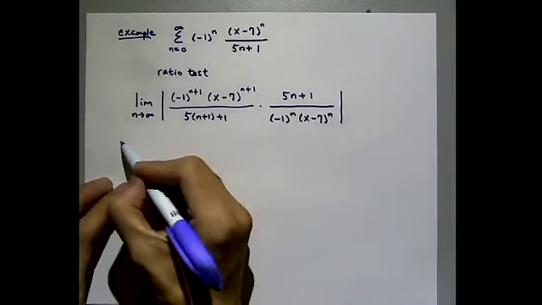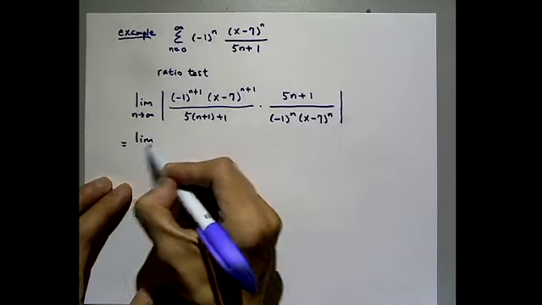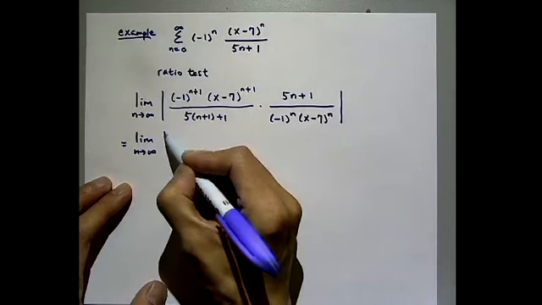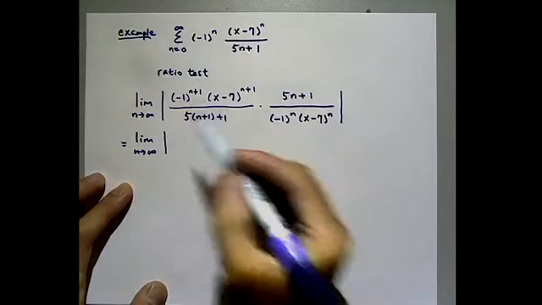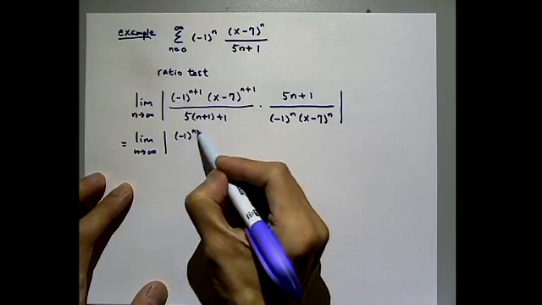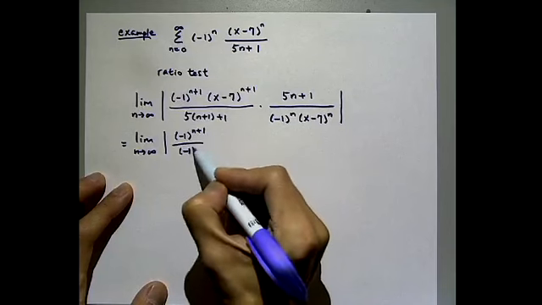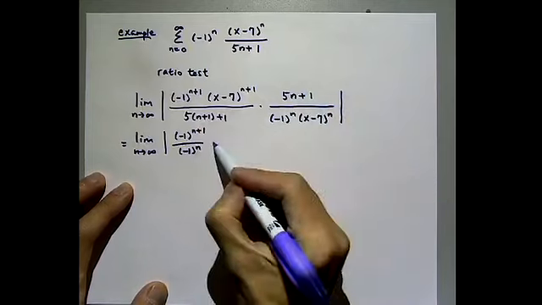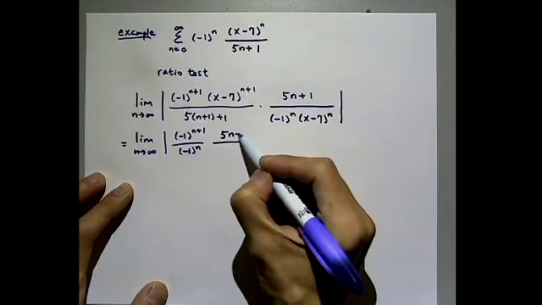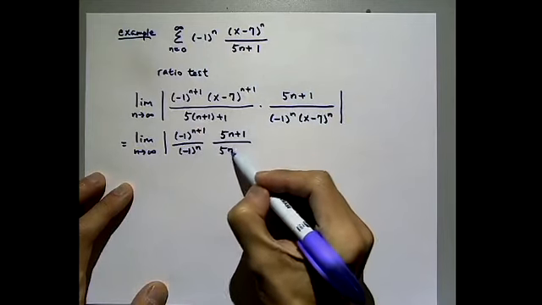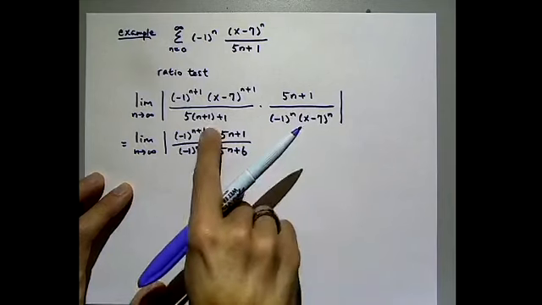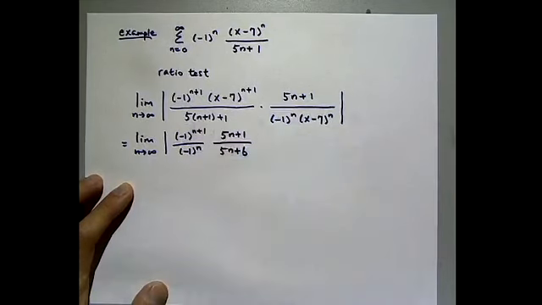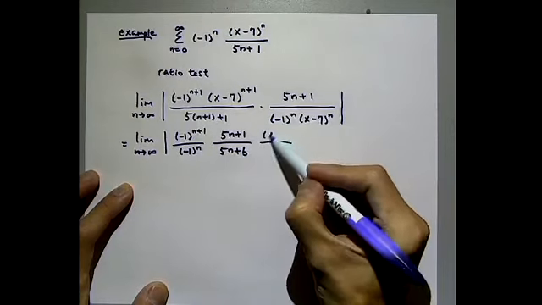Then, as usual, you group things that look alike. The minus 1s. The 5n and stuff. Downstairs, we get 5n plus 6, right? And then the x minus 7.